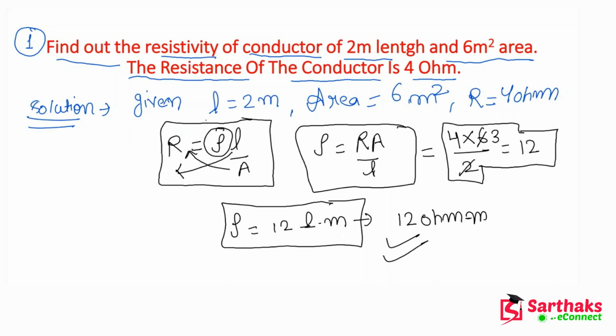So I hope guys you understand the solution of this question, and this question is nothing, it is just based on the previous concept which we have seen in this lecture. Now guys, let's move on to the next slide and let's try to understand what is there for us.